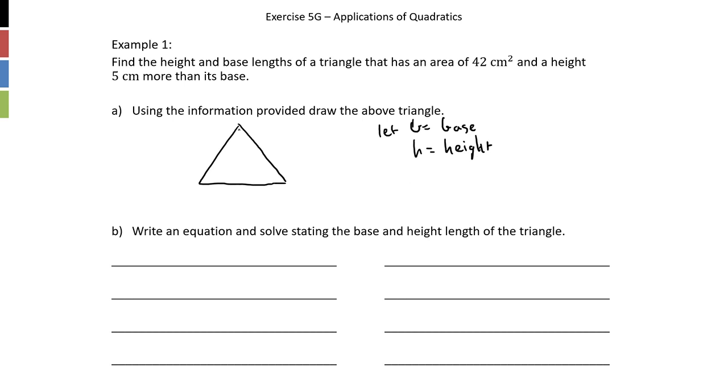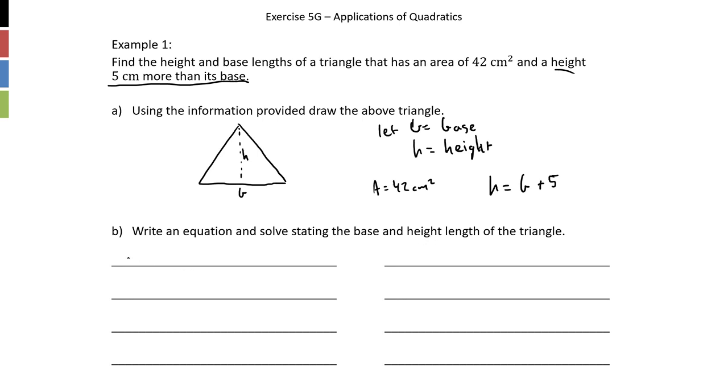Okay, so we can draw that in h. Okay, and we have base. Now quickly, we have area is equal to 42 centimeters squared, and we also know height is 5 centimeters more than base, so I can write height as base plus 5.